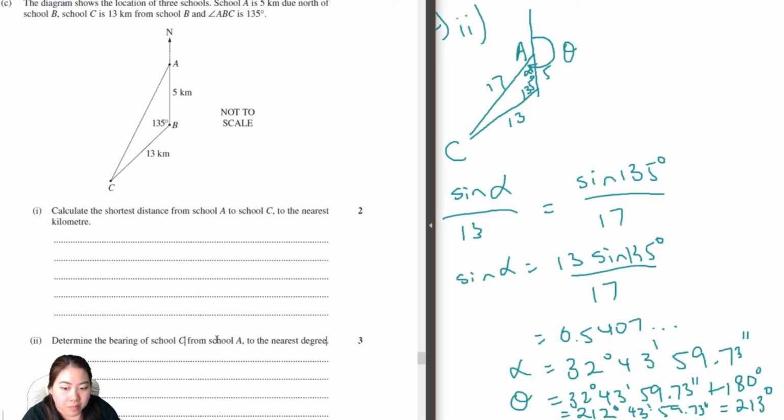Therefore, the bearing from school C to A is 213 degrees.